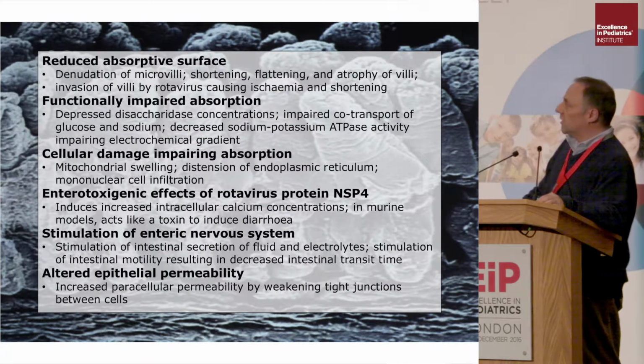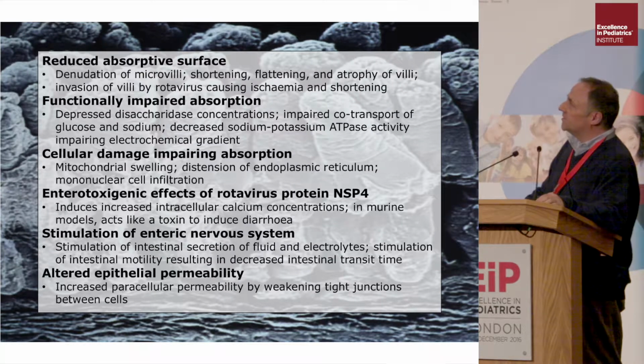In fact, rotaviruses work via many mechanisms to either reduce the absorptive surface, functionally impair the absorption in many ways, or of course kill the cells or damage the cells, which does not allow them to have their function.